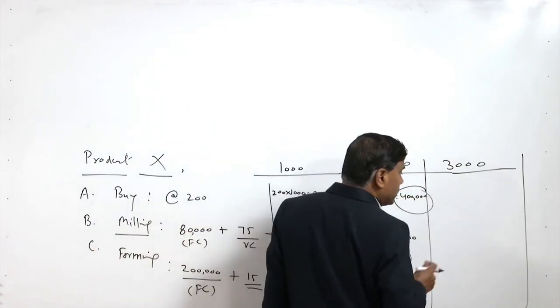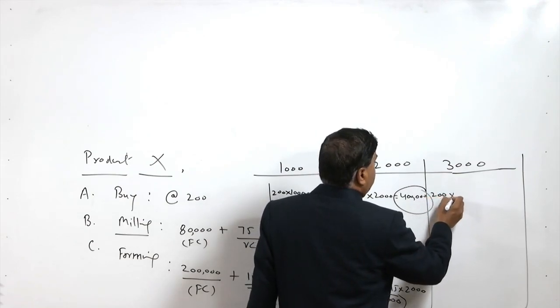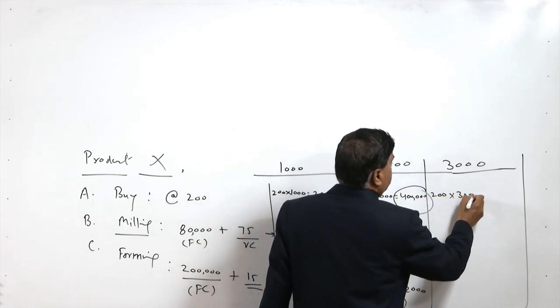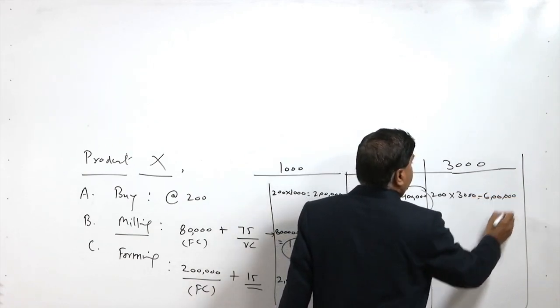And what if 3000 units are to be made? In that case, 200 is the rate and 3000 units are to be obtained, so the total cost will be 600,000.